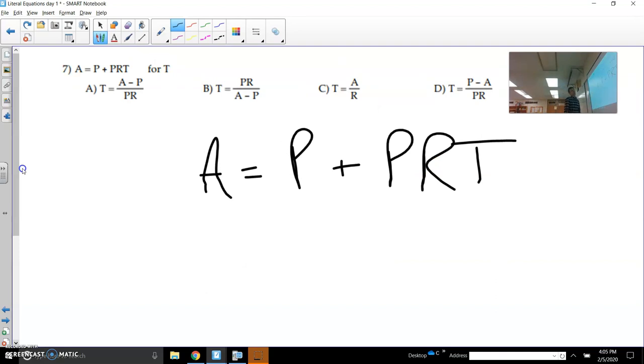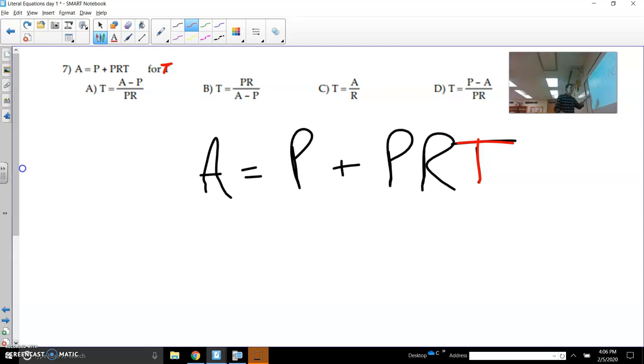So this is actually an interest formula problem. You have your principal, and then you have your principal times the rate and the time in which it was invested. So you may see this one in a future finance class or something like that. But for this one, it says we want to solve for T. Now it's similar to one of the other ones, that IPR problem at the very top.